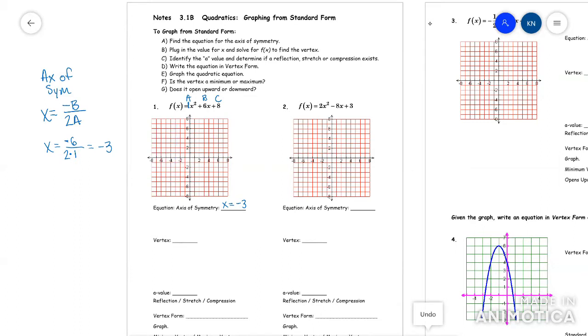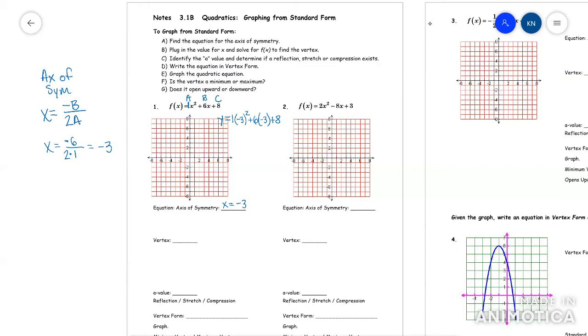All right, now I can use this to find my vertex by just plugging it in to my original equation for these x values. So here's what I mean. Plug in -3. And this is to find the y value at this x value.